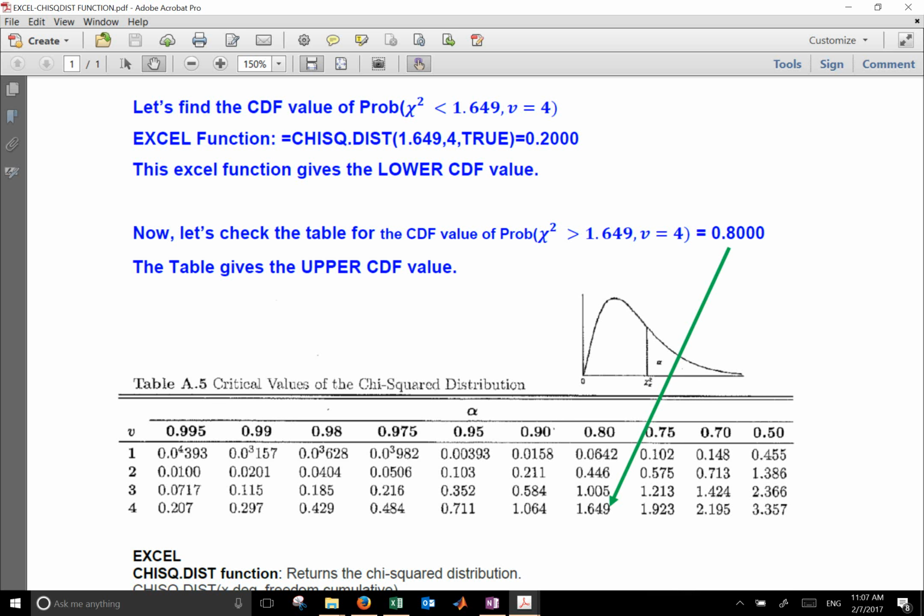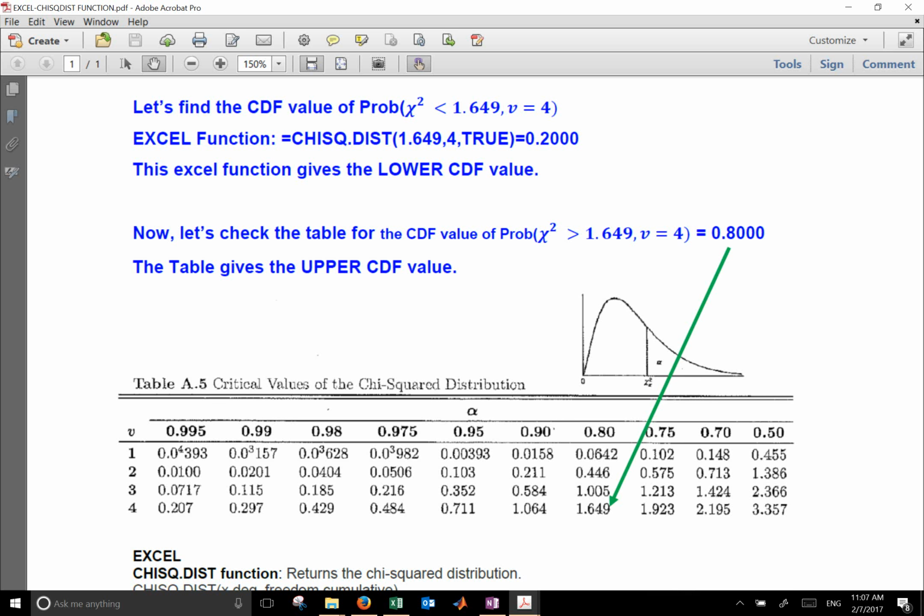This one gives us upper CDF. So that's why this one is 0.8. That one is 0.2 because the Excel function gave us a lower CDF, and this one gives us the upper CDF values.